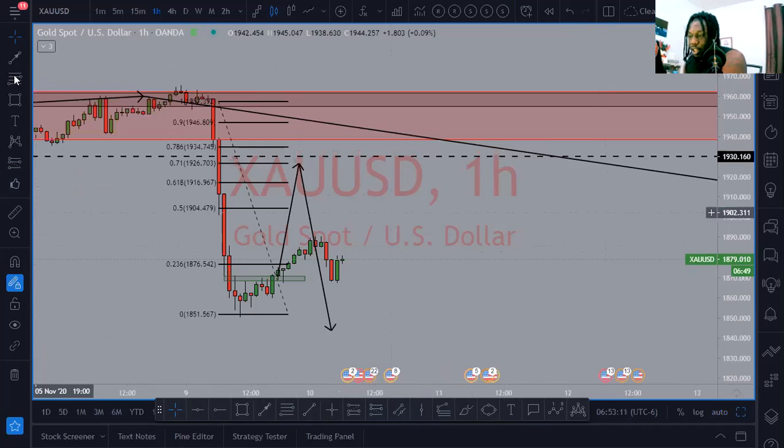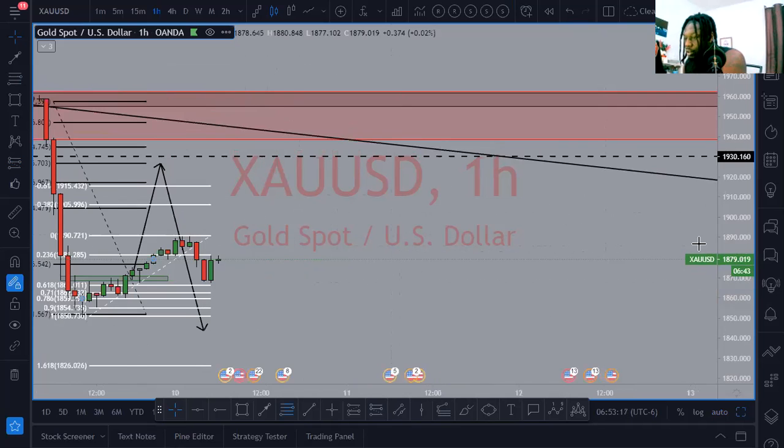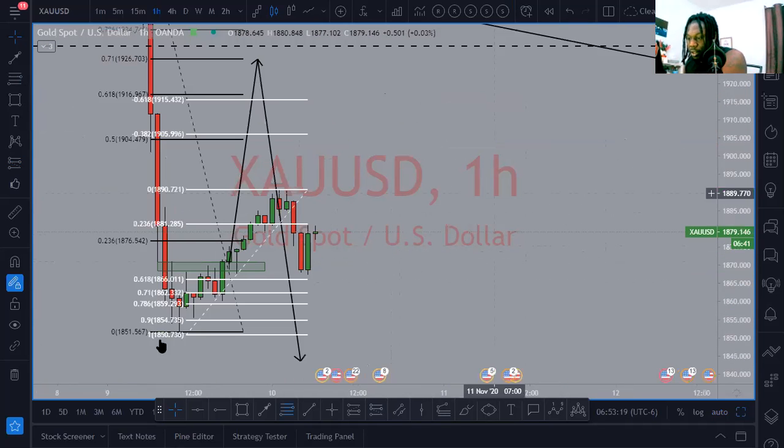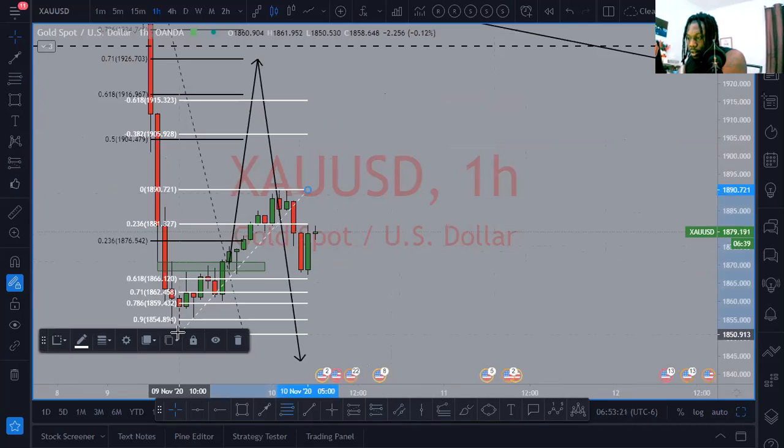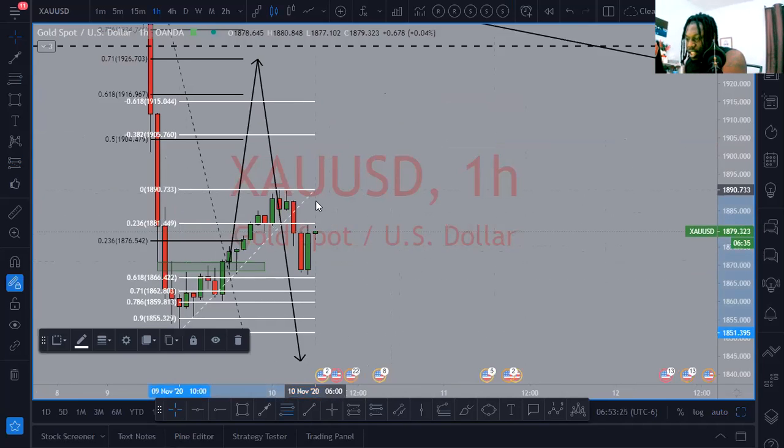And if you look at it from this point of view, you can see that price nearly came to the 61.8. Didn't come exactly to it, nearly came to it. If it doesn't come back down and give me that entry, then I'd be kind of upset. So I'll put it at the 71% actually.